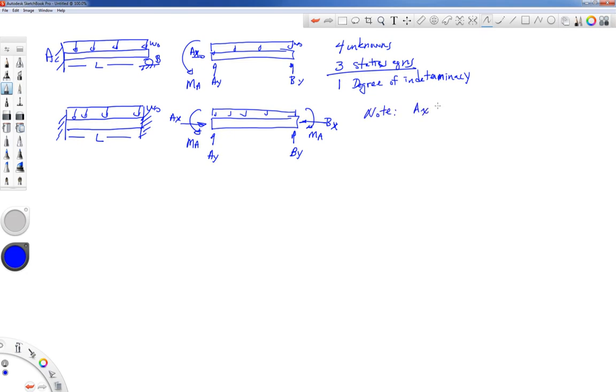That may seem a little strange, but it makes sense if you think about it, since there is no force applied in the x direction. So in this case, we would have 4 unknowns. We've already used the summation of forces in the x direction, so we would have 2 statics equations left. So we would have 2 degrees of indeterminacy in this problem.